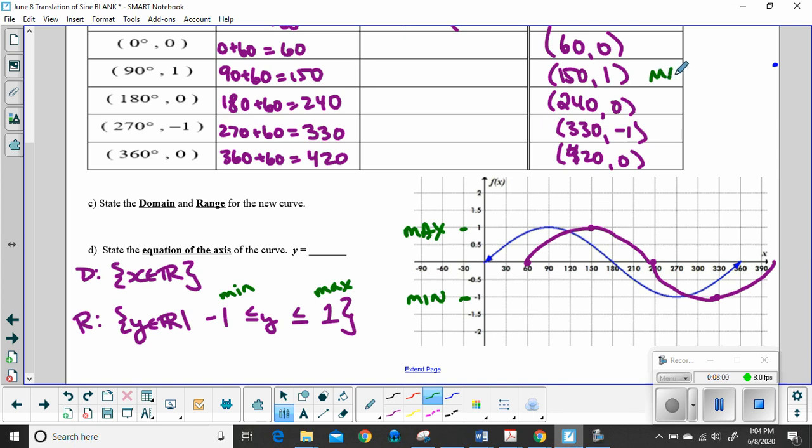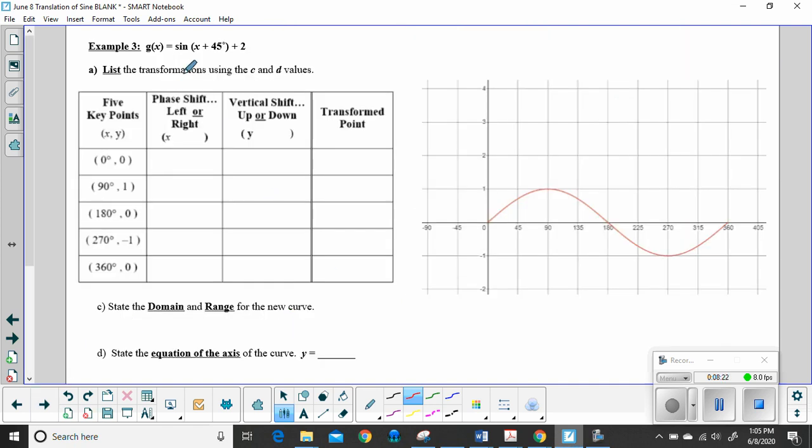And my axis of symmetry, which goes down through the center, well, that's all of these 0 points. That's on my axis. So since I didn't go up and down at all, it's still just at y equals 0.